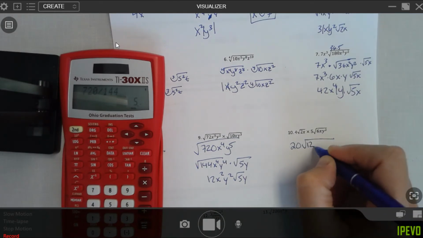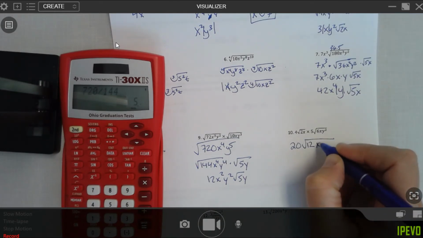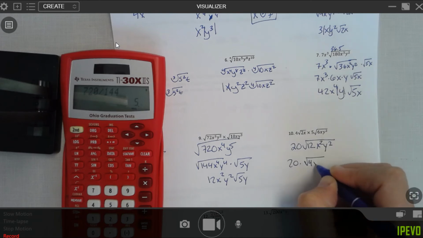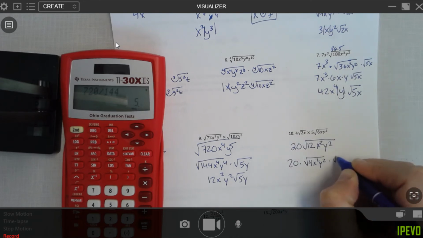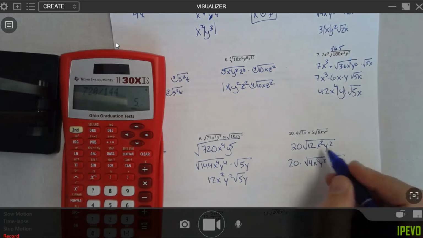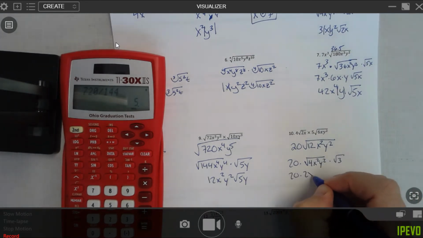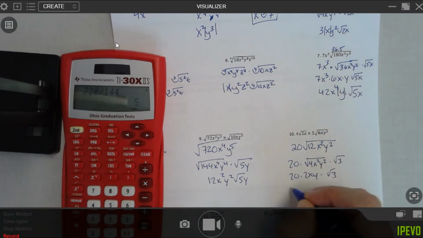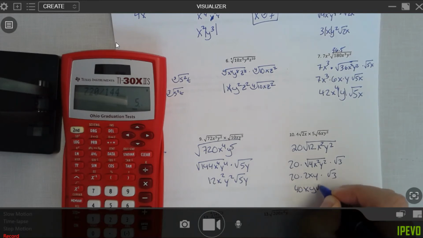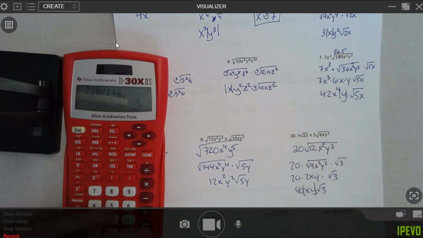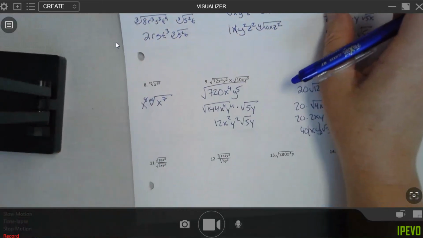Multiply your inside numbers. 12 times this can break down into 4x squared y squared. And then you still have a 3 back here. Square rooting this gives me 2xy. So that would be 24xy radical 3. Absolute values would go around those on this problem.